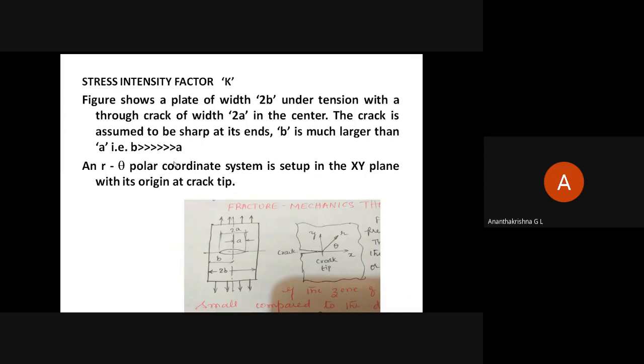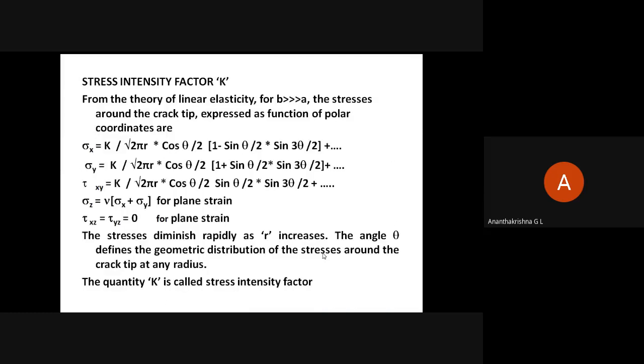Next, we learned about stress intensity factor. We take a large plate with a small crack, and then near the crack tip in xy plane, a polar coordinate system is set up with r and theta. Then stress intensity factor essentially shows that the stresses are directly proportional to intensity factor K, and as r diminishes, the stress will increase.